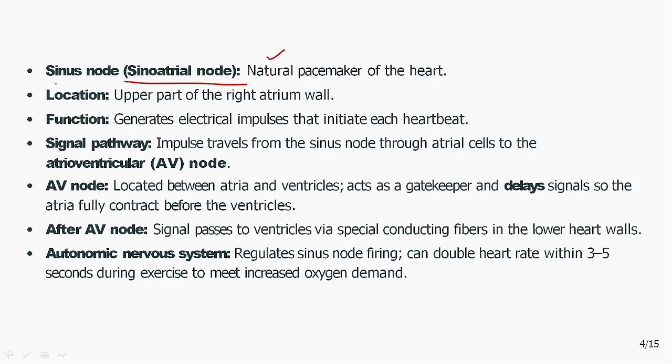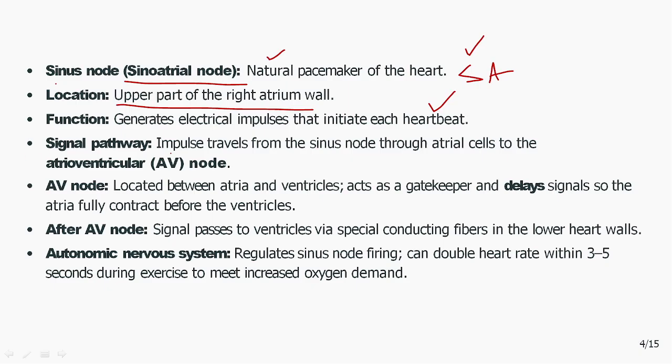This SA node is present at the upper part of the right atrium wall. Then it generates electrical impulses which initiate each heartbeat. It will generate it as a rhythm.